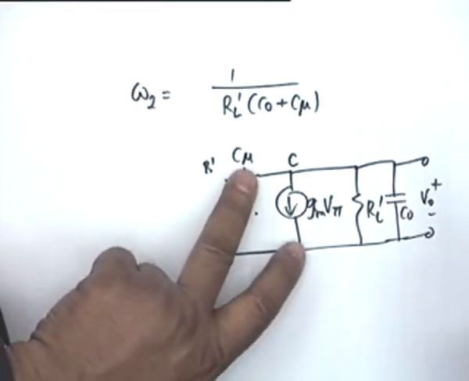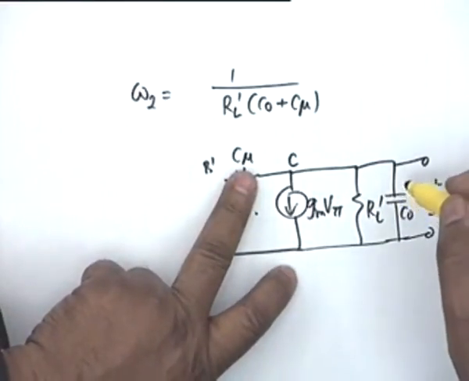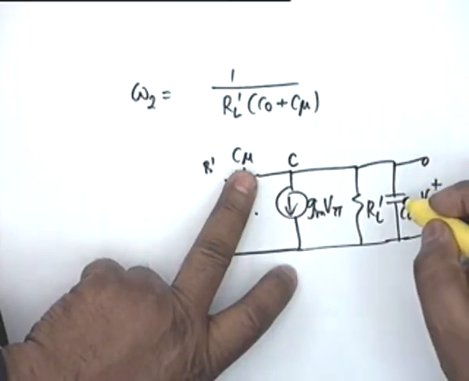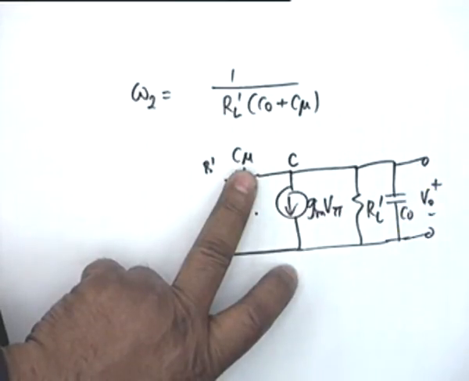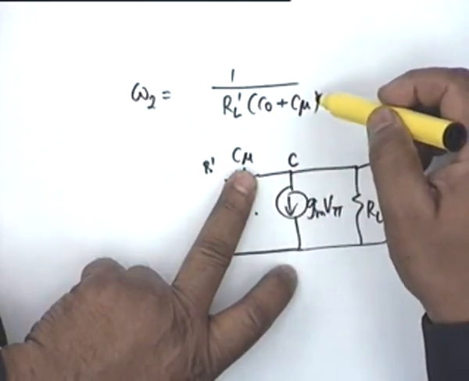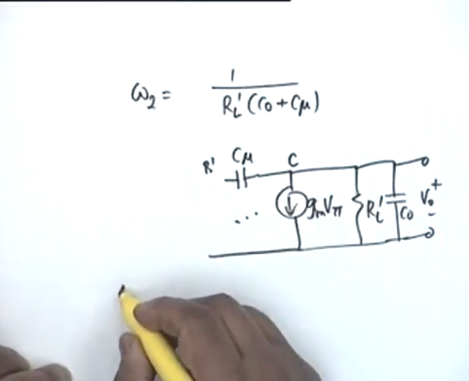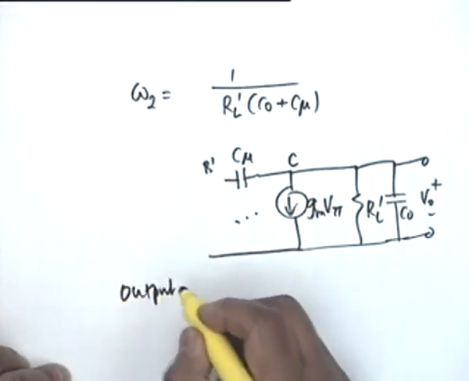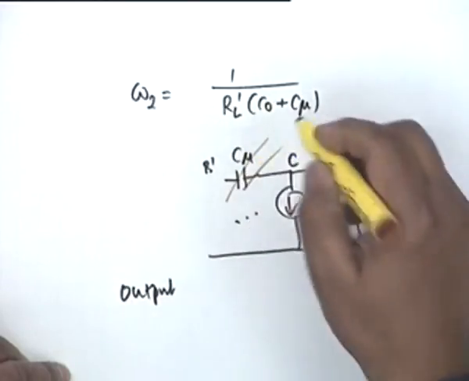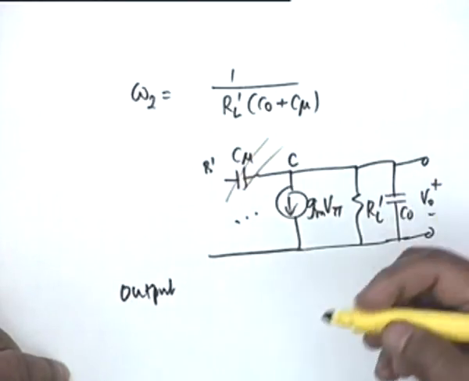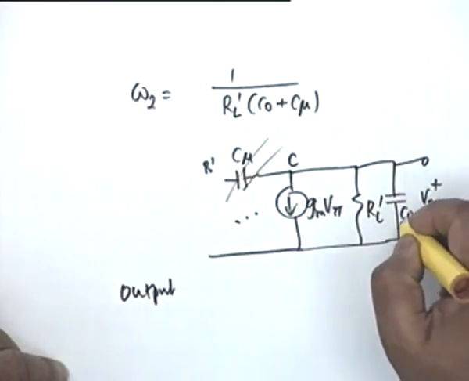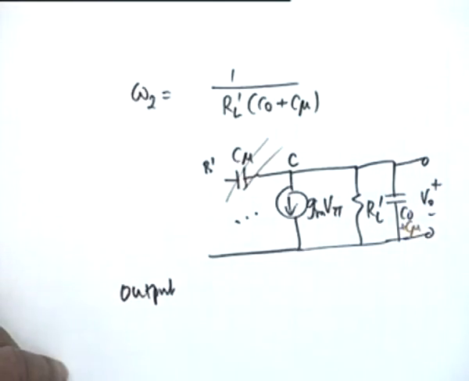If C mu was not there, what would be the cutoff frequency of the output? That would be 1 by RL prime C0. Now the cutoff frequency is 1 by RL prime times C0 plus C mu, and therefore as far as the output circuit is concerned, what you do is you disconnect this C mu and add a capacitor C mu to C0.